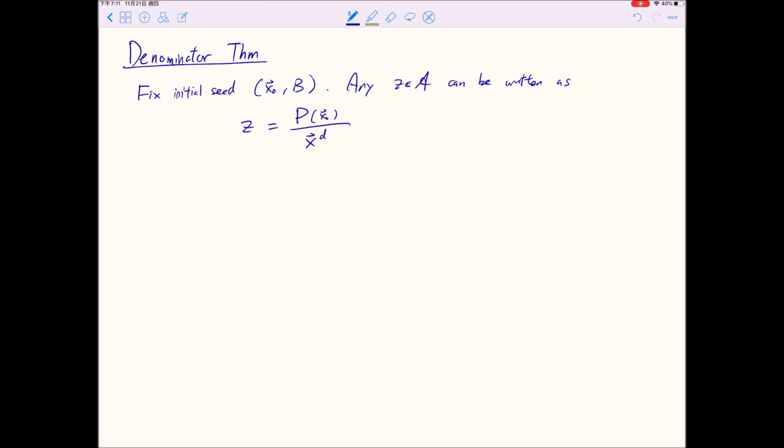So first, let's define what we want. We have an initial seed, and any cluster variable can be written as a polynomial in the initial seed divided by a monomial in this initial seed.